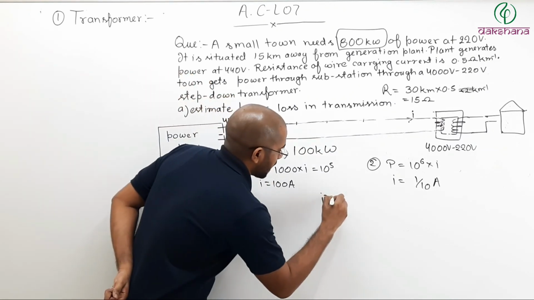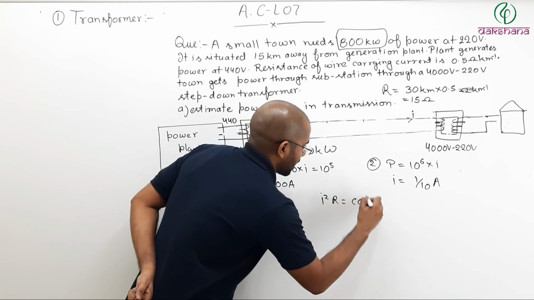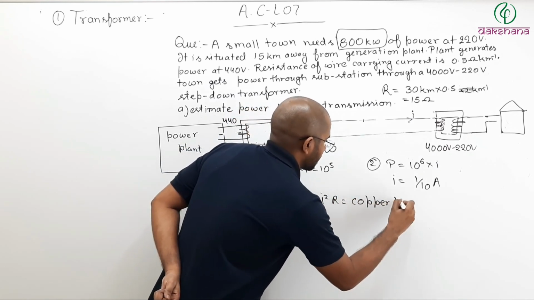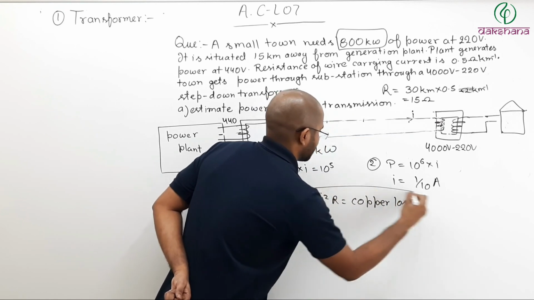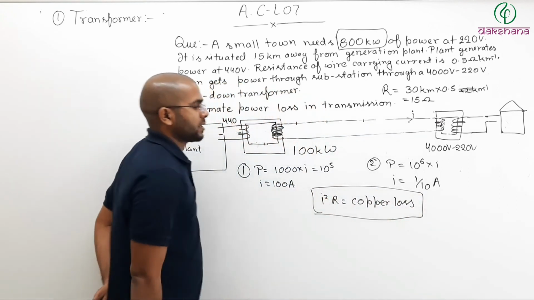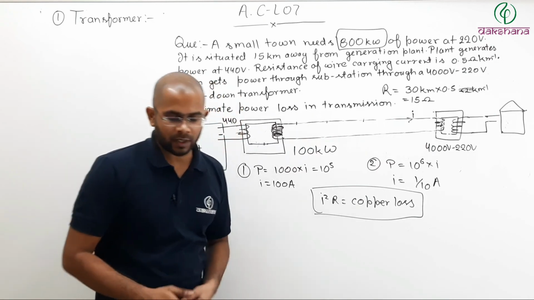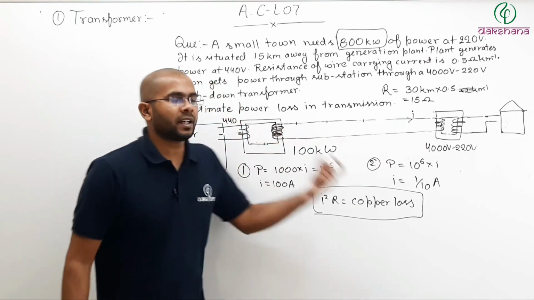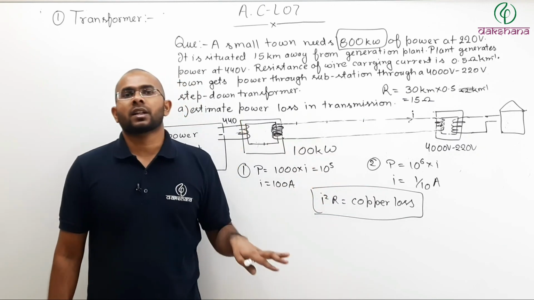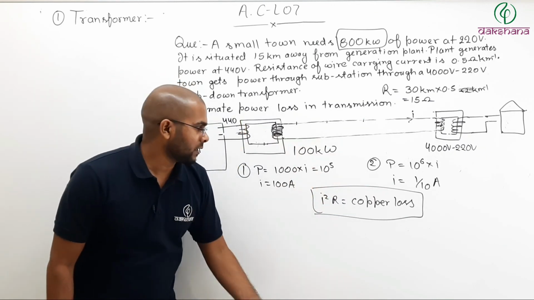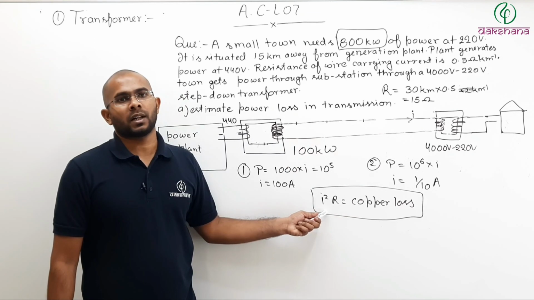So I square R in case of transmission line is also called copper loss. So energy loss in the transmission is also called copper loss, that you can write. So higher the voltage, lower the current, and lower the current, lower is your copper loss.